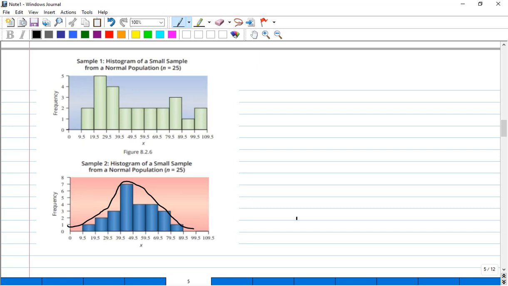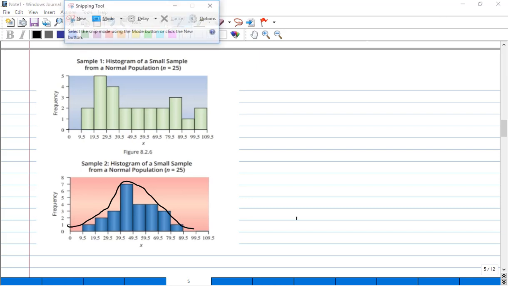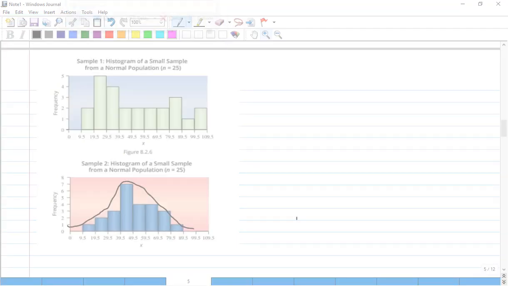Now, the larger the size, you can see these sample sizes are pretty small, n equals 25. The larger the size that you look at, then usually the closer your data would look like a bell-shaped curve if you were to try to draw a bell around the data. So here's an example. Those two were when n was equal to 25.